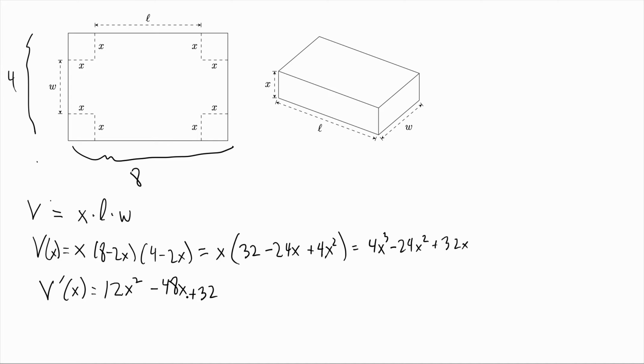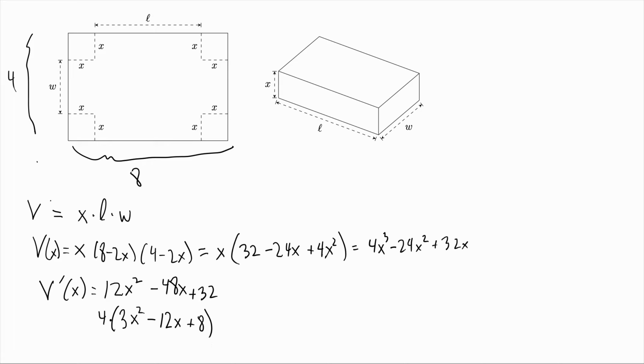Now it looks like we can factor a 4 out of everything, and we will be left with 3x squared minus 12x plus 8.